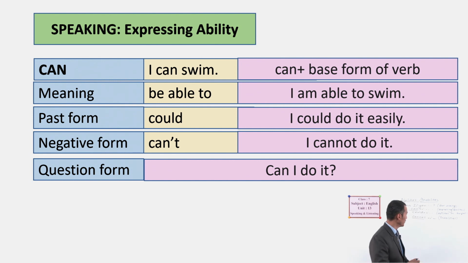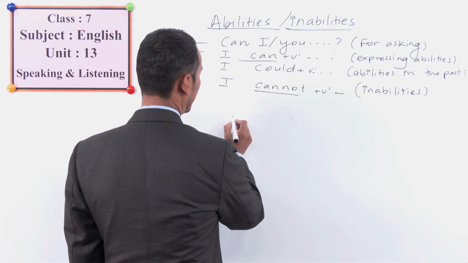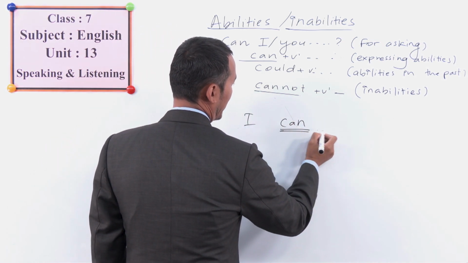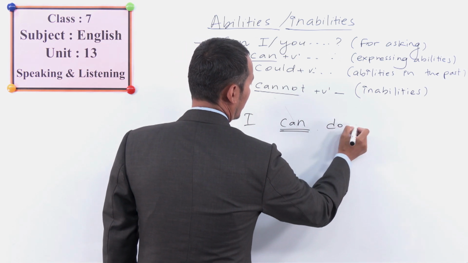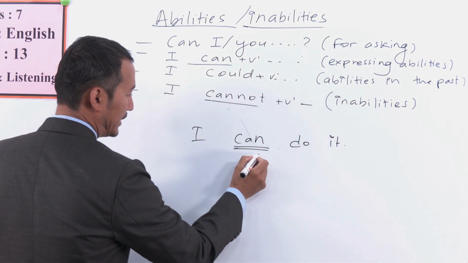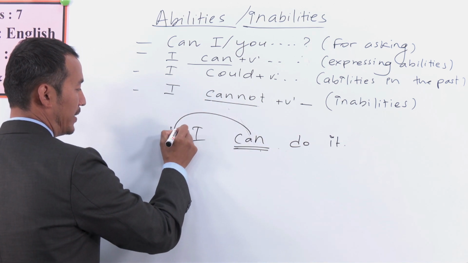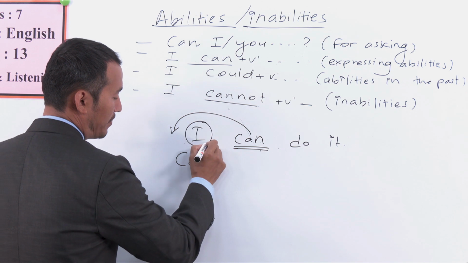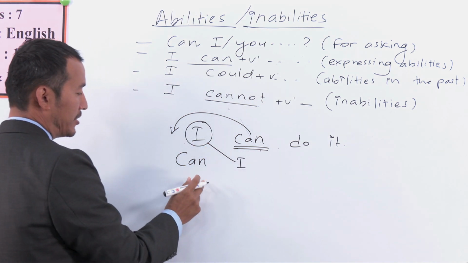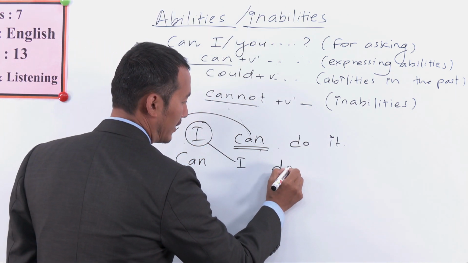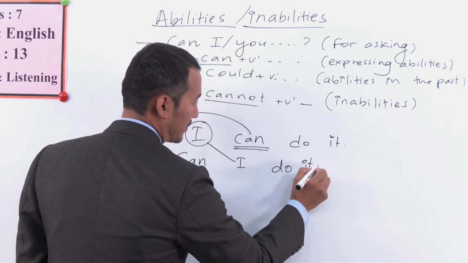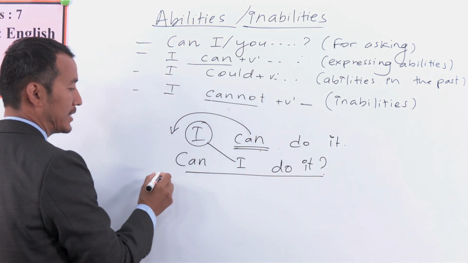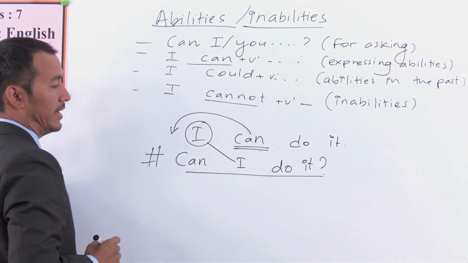You have to bring the modal auxiliary verb can to the beginning of the sentence, and you take the subject after it and write the rest at the same positions, and you make it a question for asking about abilities.